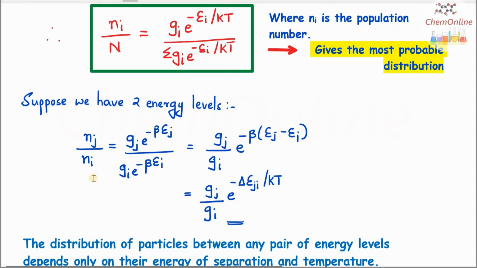That is equal to (gj/gi) e^(-β(εj - εi)), which can also be written as (gj/gi) × e^(-Δεji/kT).